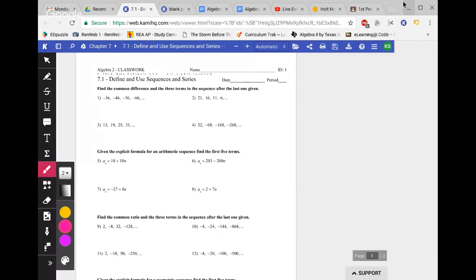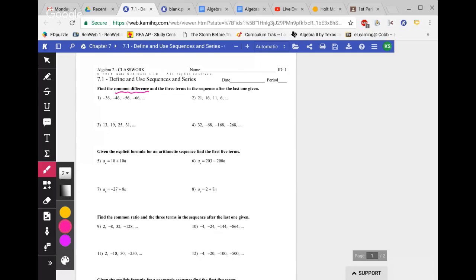And it will connect. When you watch that first video today, you'll be like, oh, okay, it's because we're adding to this same concept. So for the common difference, where it says find the common difference, and then the 3 terms in the sequence after the last one given.